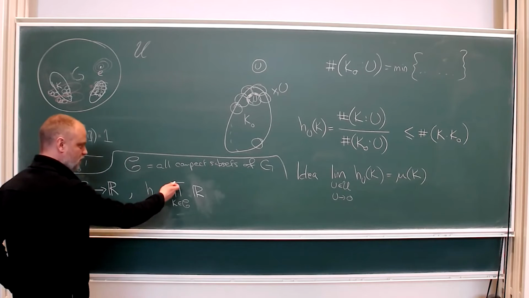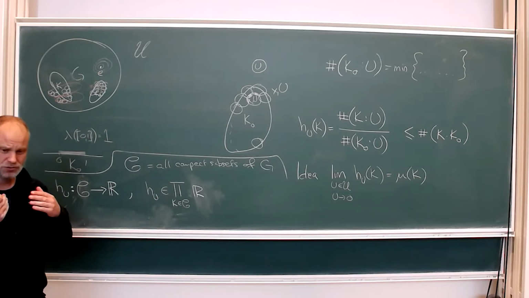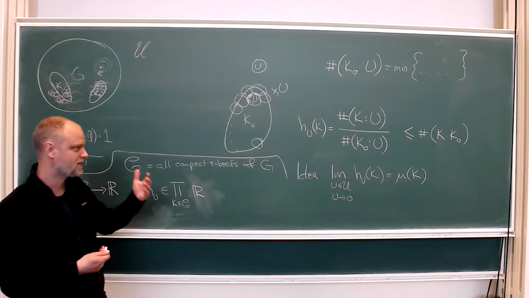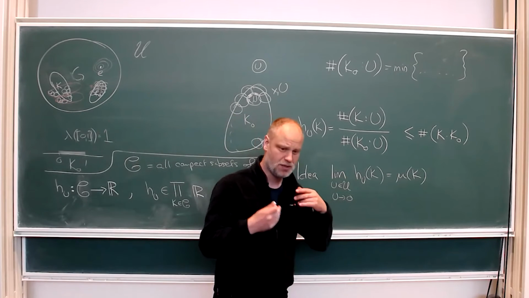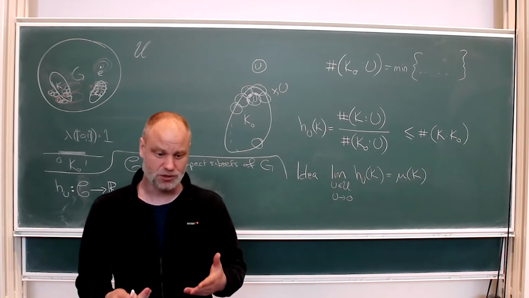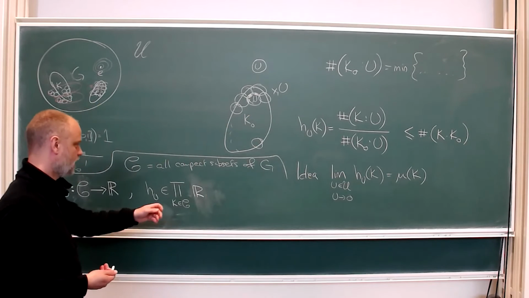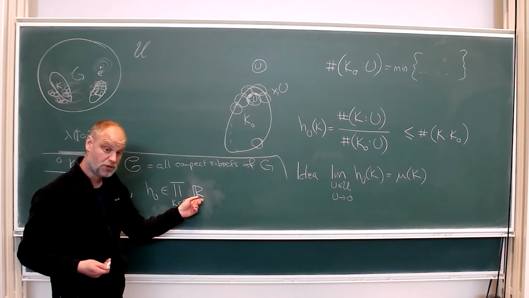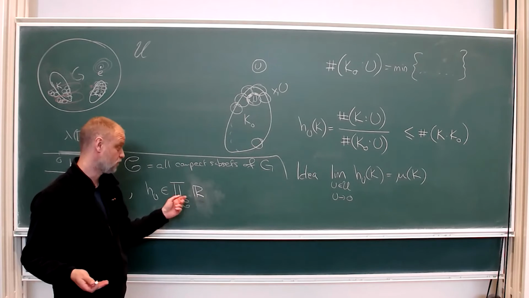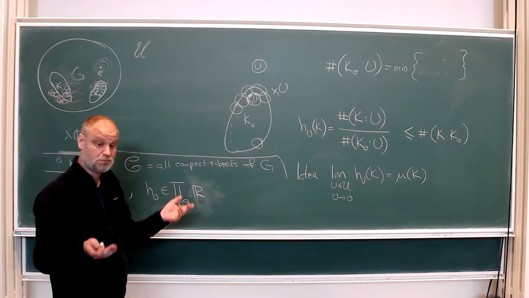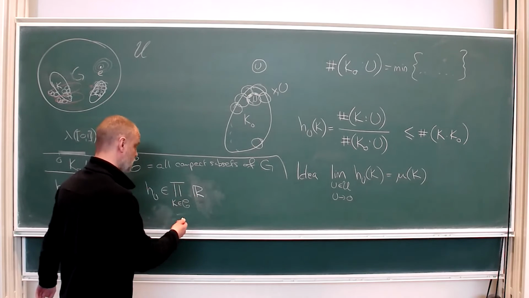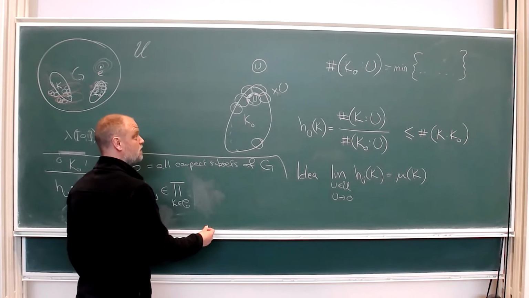So, all right, I have this infinite product here. And what we want is somehow the existence of some sort of limit here. And usually then you need some sort of compactness. And this is a bad choice now because R by itself is not compact. If you take an infinite uncountable product space of something which is not compact, you're not going to get something which is compact.